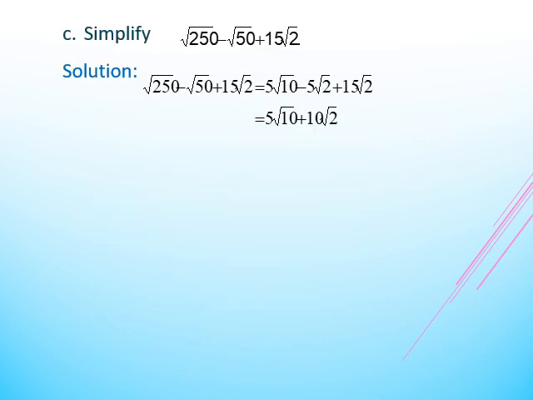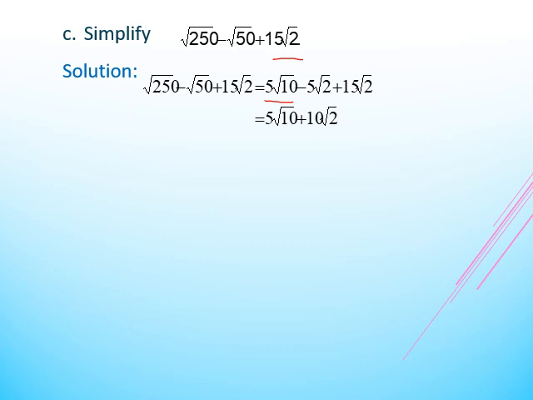And the other radical example here by numbers. How to simplify the value root 250 minus root 50 plus 15 root 2. This is by partitioning this value: root 250 equal to 5 times root 10. How to get this?